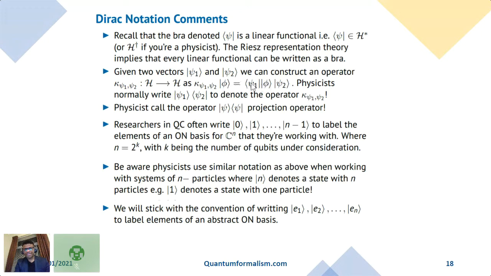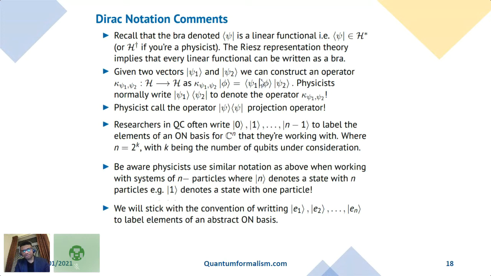You take the operator acting on another cat, let's call that phi, like this: you take the inner product of psi1 with phi, and then you multiply the result with psi2.